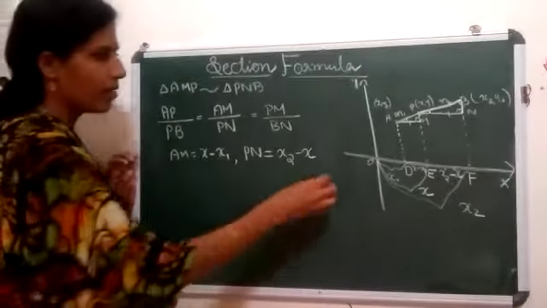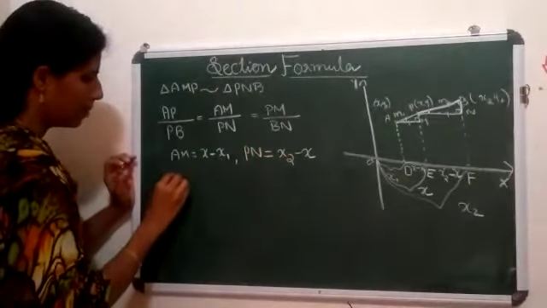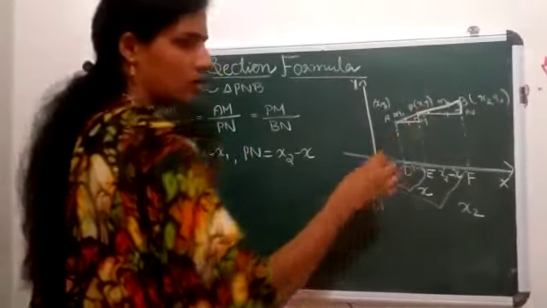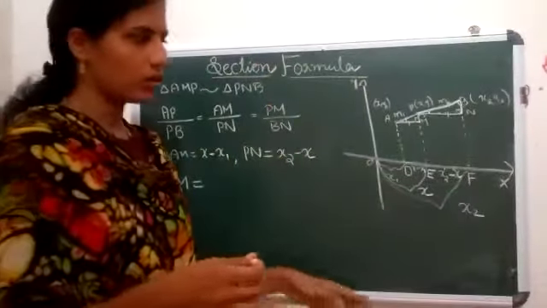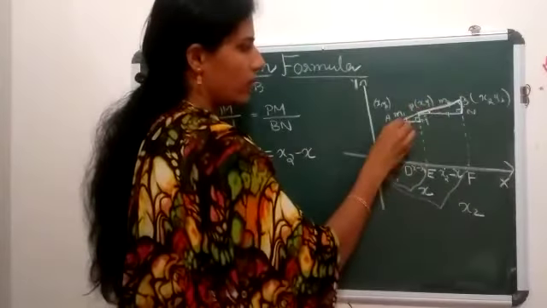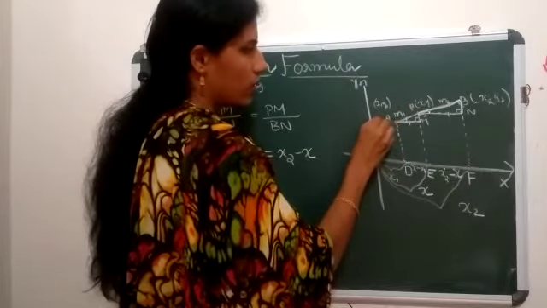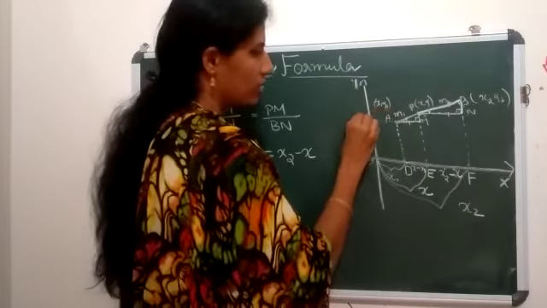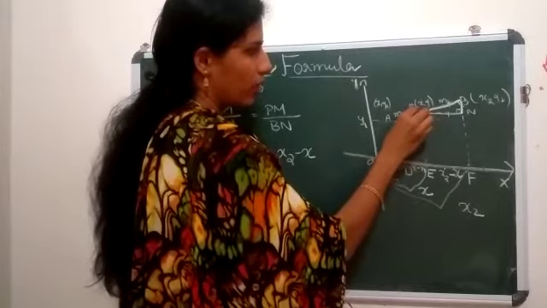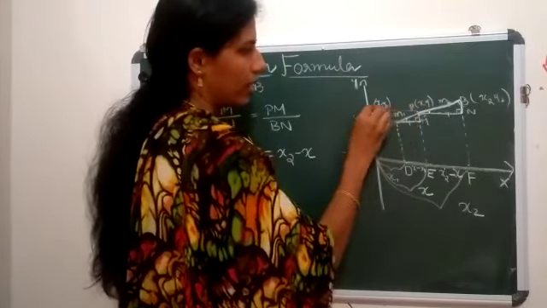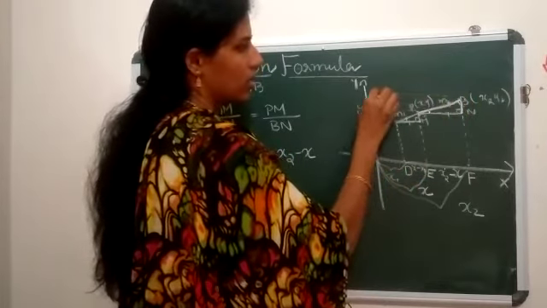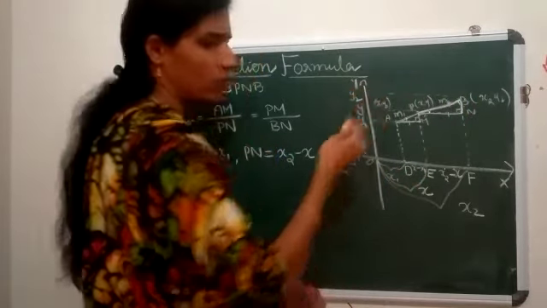Clear? In the same way, we are going to see PM. What is PM? PM is this. So obviously this is one horizontal line, and the y-axis is vertical. I am going to draw a perpendicular from here. This coordinate is y1. From P, I am going to draw a parallel line, that is y, and from B it is y2.